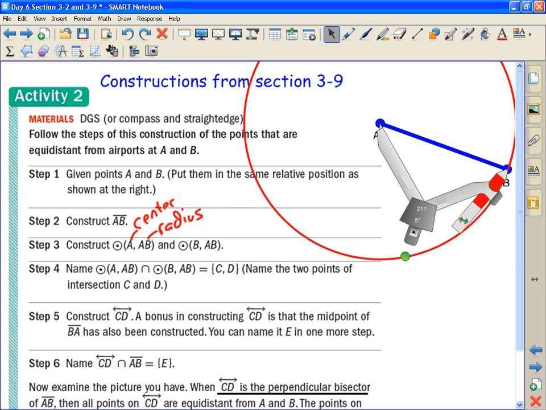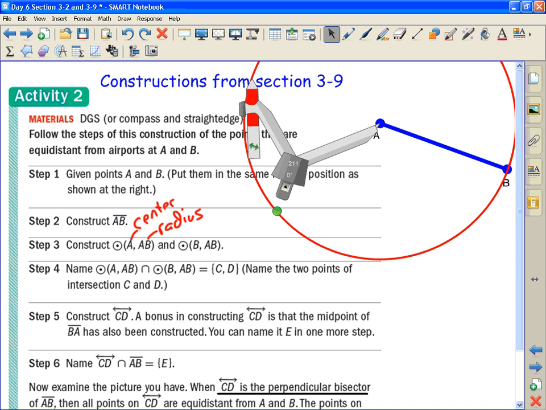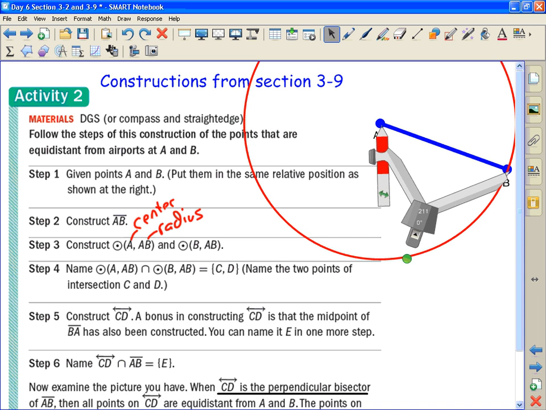Okay. Now, what I'm going to do then is construct a circle with the center at B, a second circle, and the radius at AB. You should not have to change your compass at this point because the distance should be the same.